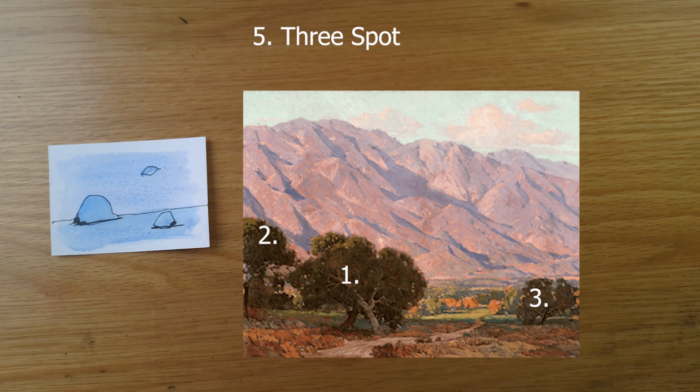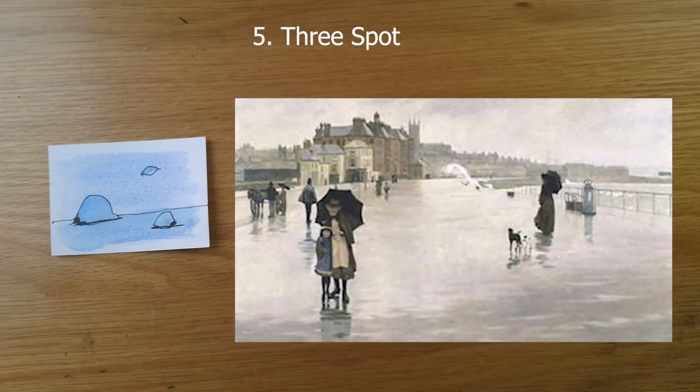I often use this with crowds and people. And here's a good example of this. We've got a scene here. I'm not entirely sure where this picture is supposed to be set, but you can see that we've got three groups of people. It's obvious that the largest group, which is these two people in the front with the umbrella, is where your attention's supposed to go.